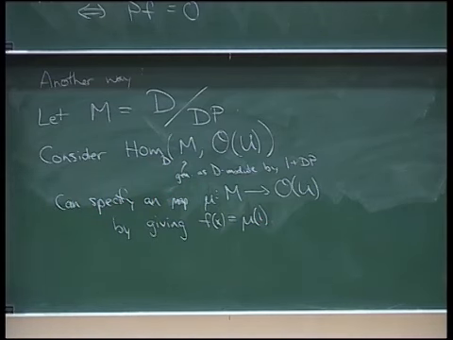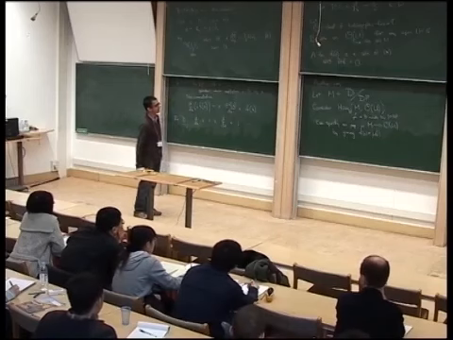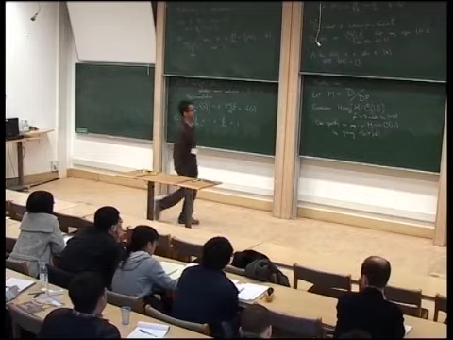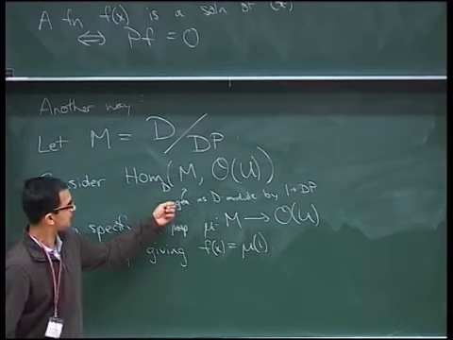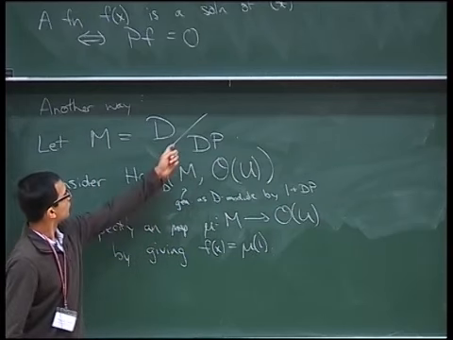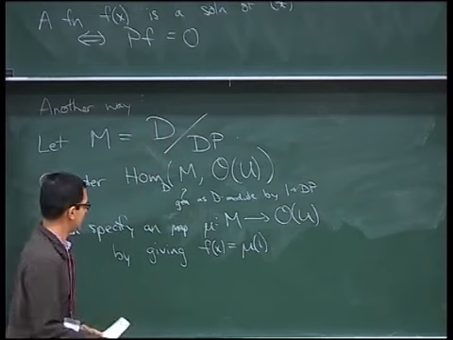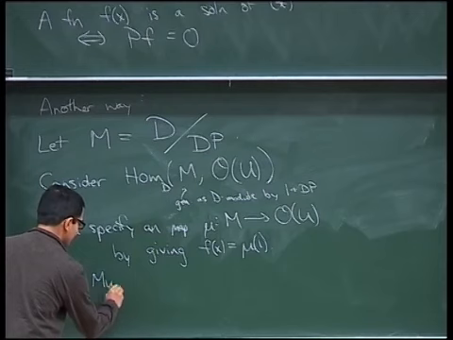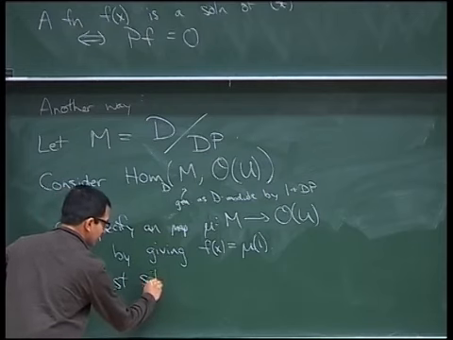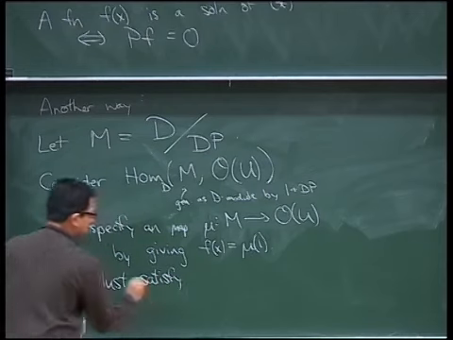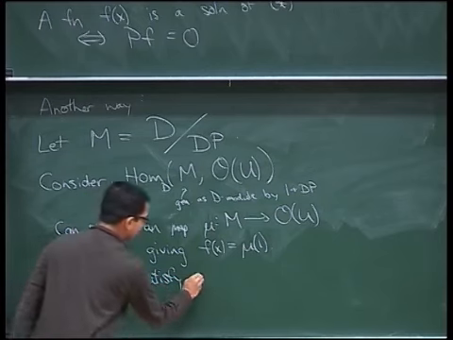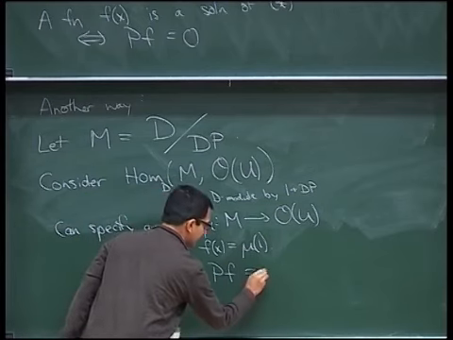Okay, so if I give you one function, then that determines the map. And I can't just give you any function. That function is subject to a constraint because the element 1 in M is killed by left multiplying by P. So it has to satisfy the condition that Pf equals 0.